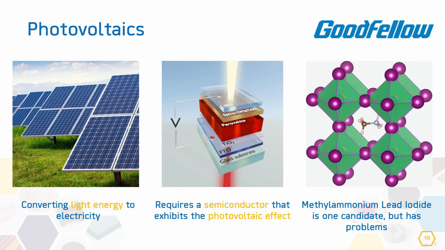And this is where Goodfellow being able to supply perovskites can really help and assist researchers in their goal. Being able to readily supply perovskites, which can be used in the lab within a matter of days of them ordering. So they can go from the shelf at Goodfellow to research within a matter of days and be used potentially in some of the applications I've just run through.